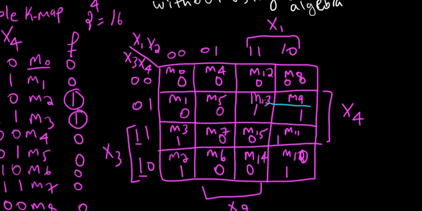In this case, we can see these two are adjacent to one another, and their expression would be, now I'll try to go a little slower, with an x1 we see that both ones lie with x1, just like how we did the 3 variable. X1 doesn't change. So both of the ones that are grouped together here are in x1. None of them fall in x1 bar, hence we write x1.